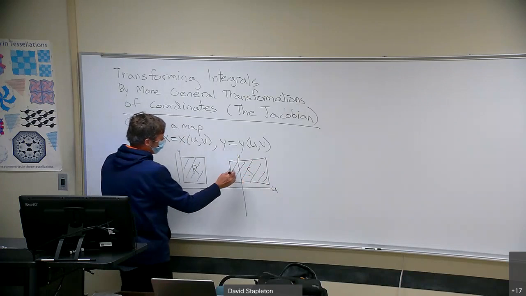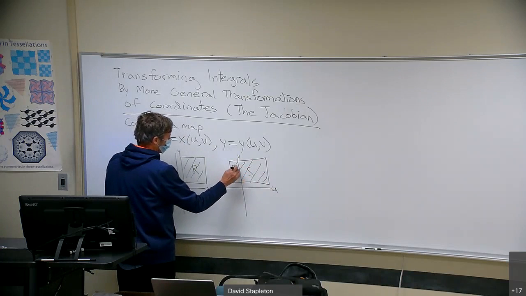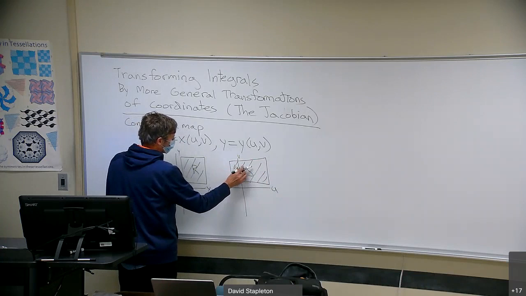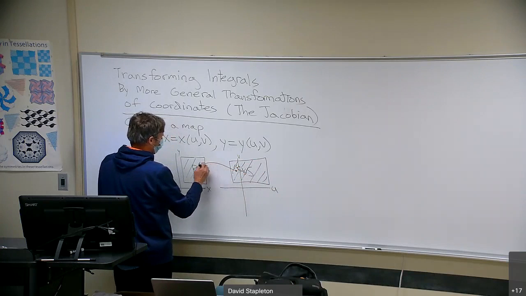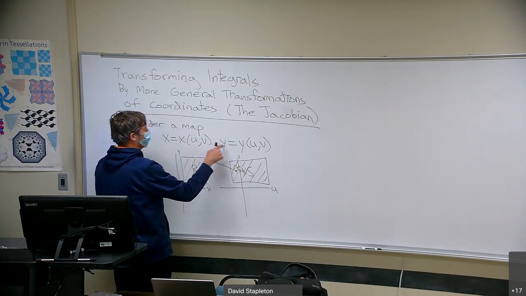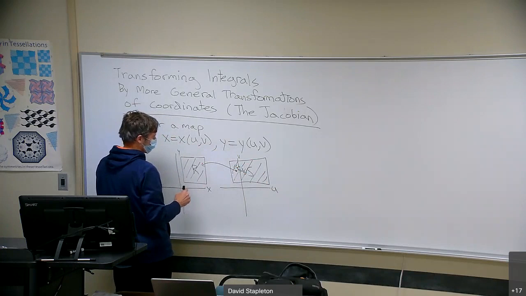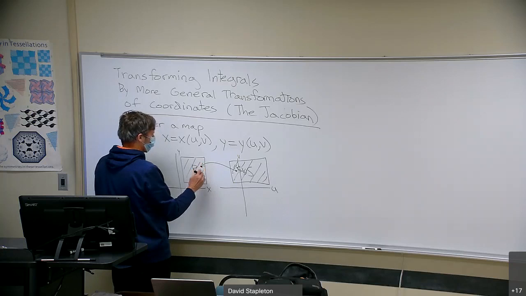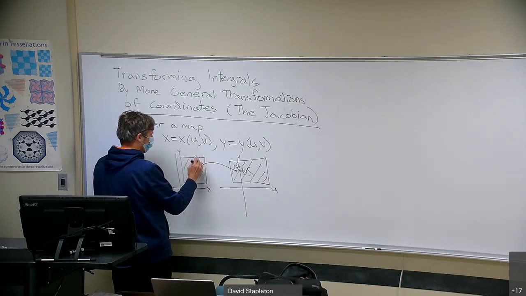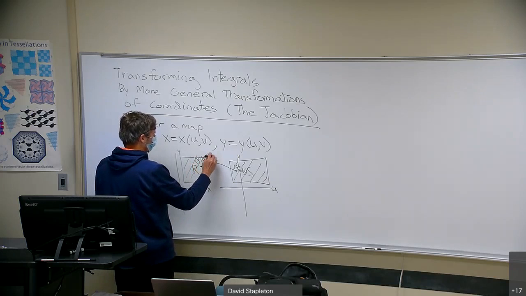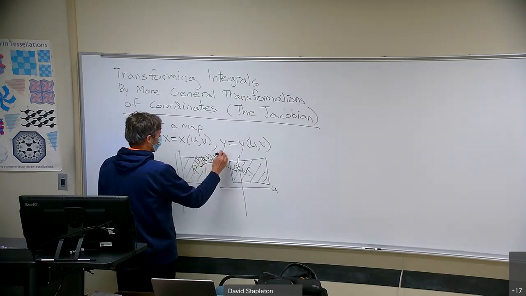We can make each point u0, v0 in this space as the output of these two functions. Give us out a point x of u0, v0, y of u0, v0.